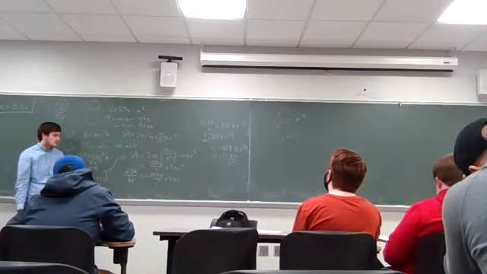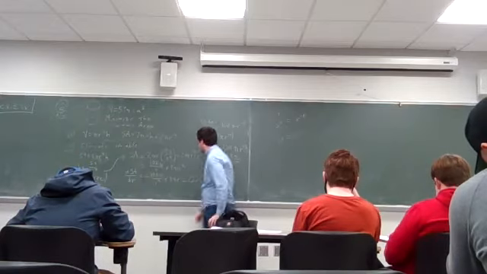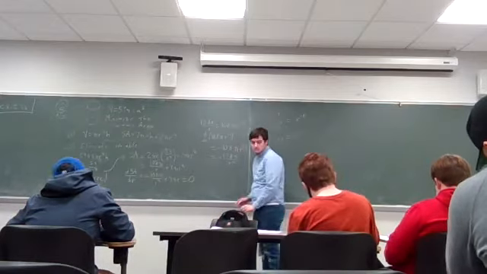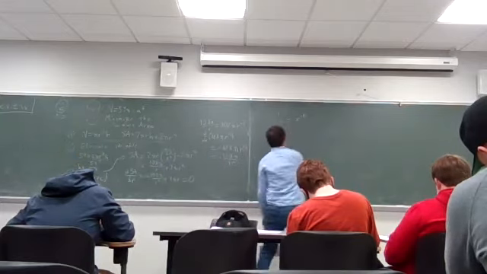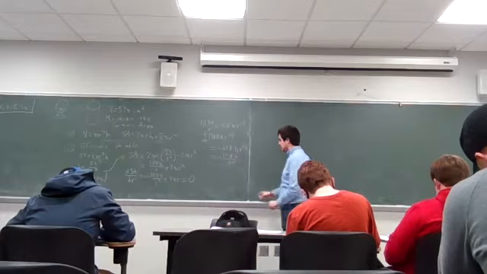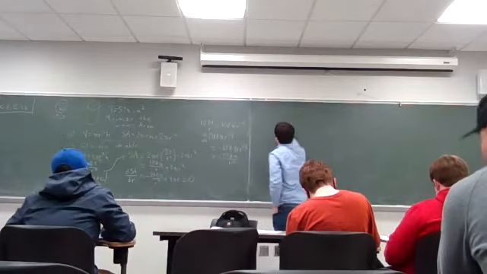What do I do with this thing? Set it equal to 0. If I want to find where a minimum or maximum is, I have to set it equal to 0. Okay, make some room over here on the right side of the board. So I have this equation.